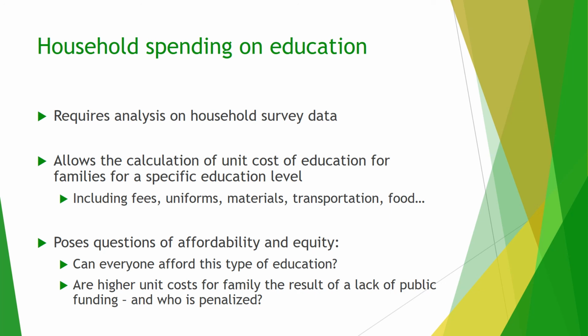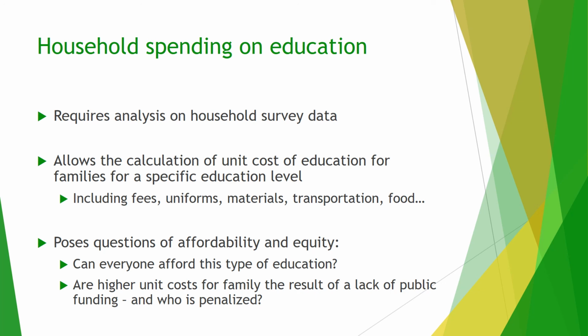So this analysis of household spending on education allows us to ask and to answer some questions related to affordability and equity. For instance, can everyone afford a particular type of education? When I say type, I mean level of education, but it can also be a form of teaching.